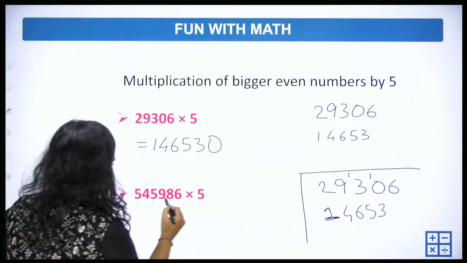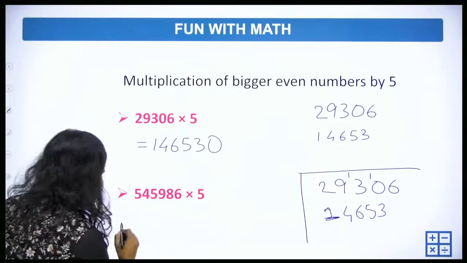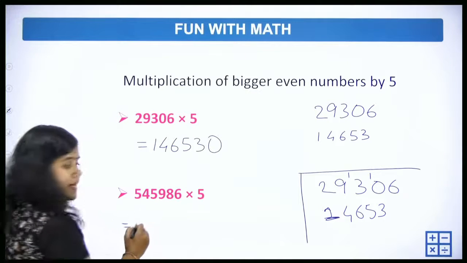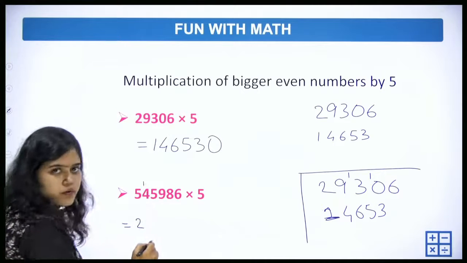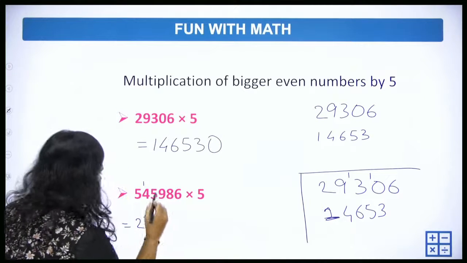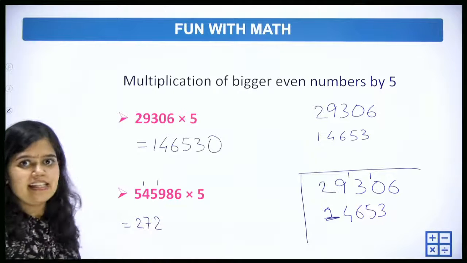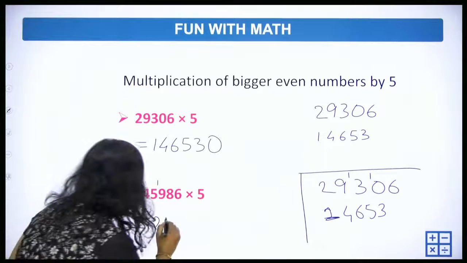So 5, 4, 5, 9, 8, 6 into 5. So again, first divide it by 2. On division 5 by 2, we get 2. So 1 carried. 1, 4, 14. So 7. 5 again. So 2 2s 4 and 1 carried. 19. 19 cannot be divided by 2. So we'll divide 18 and write 9.